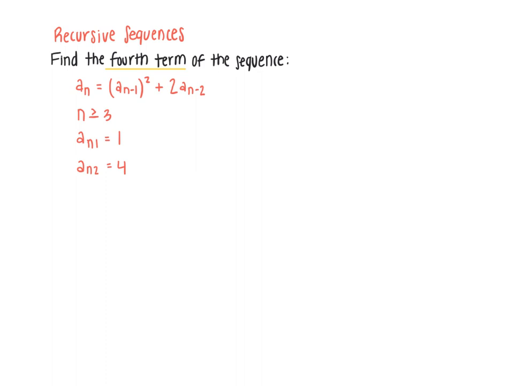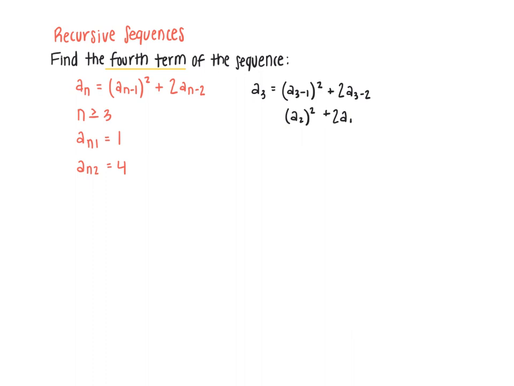So again, if I'm looking for the fourth term, I have to find the third term first. So a to the third is equal to a to the third minus 1 squared plus 2 times a to the third minus 2. So this becomes a to the second squared plus 2 times a to the first.